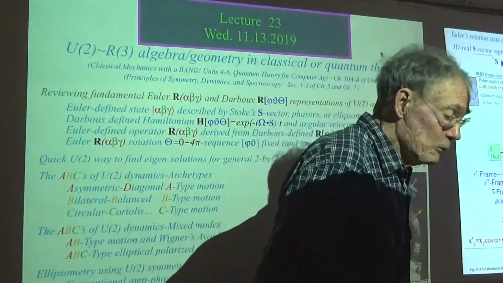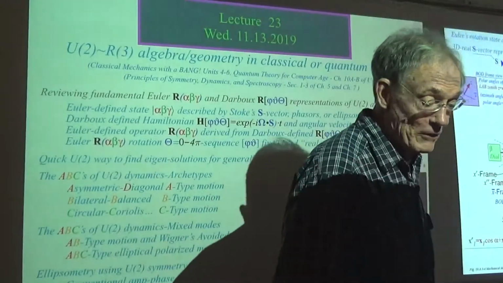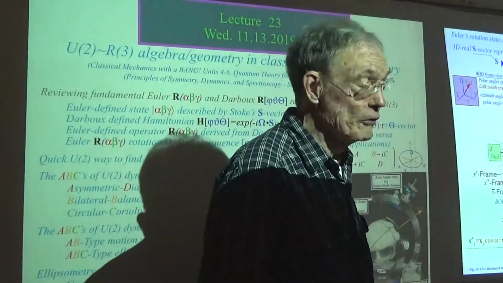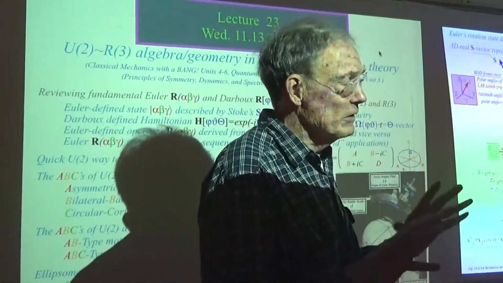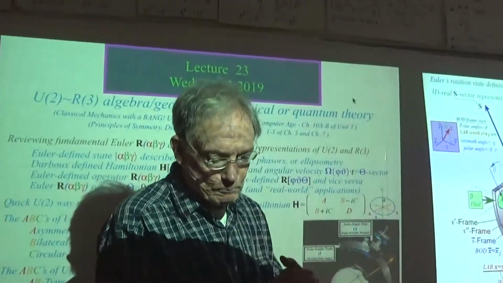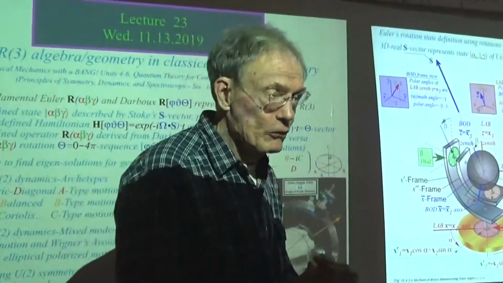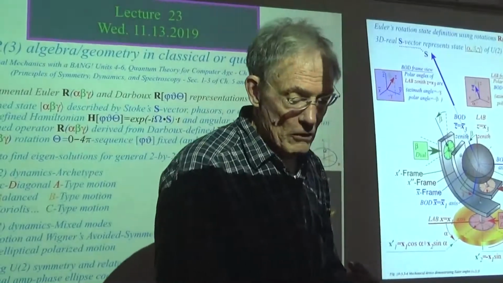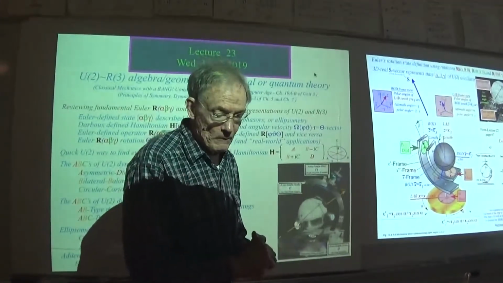Okay, got a full one today, and the thing I want to really do is go over the entire structure of this connection between two-state quantum mechanics and two coupled oscillators.